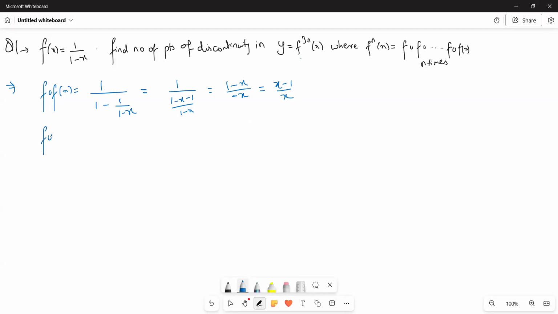Then we look at what happens if we do the composition again. Well, in a way, this can actually also be written as 1 minus 1 by x. So that will reduce the amount of calculation that we have to do in the next step. So this will be 1 minus 1 by 1 minus x.